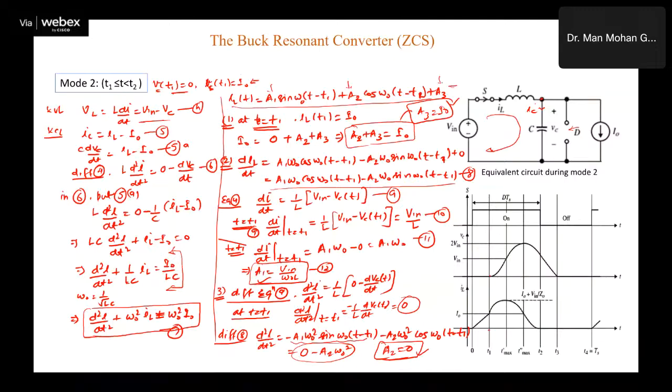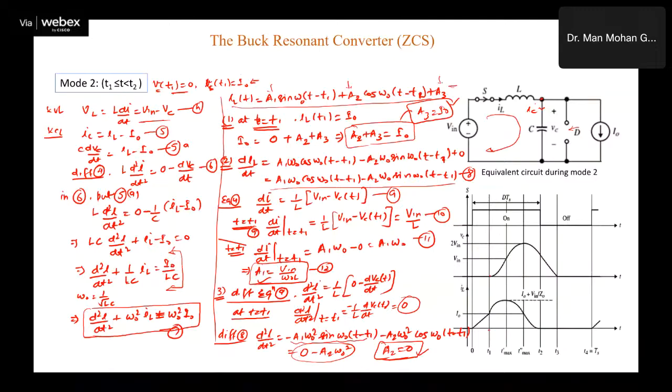So this is the right instant at which we should instruct the switch to be off, because after this our current will be 0. Once it is off, even if the voltage across the switch keeps on increasing, it does not matter. Our current is 0, so losses will be 0, right? So this is the important point where ZCS is achieved.